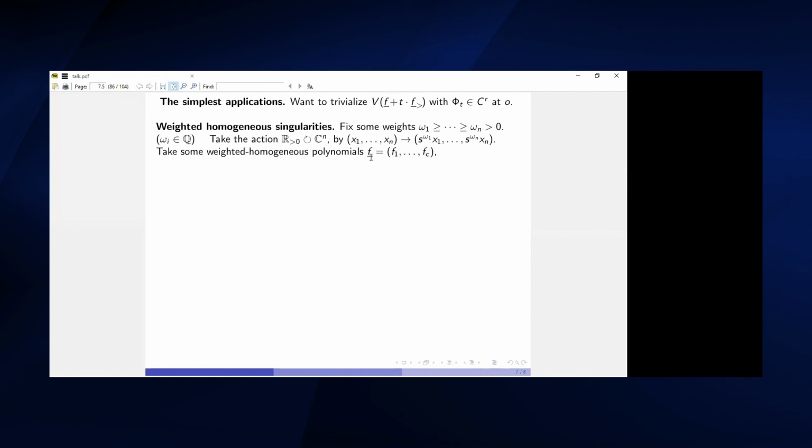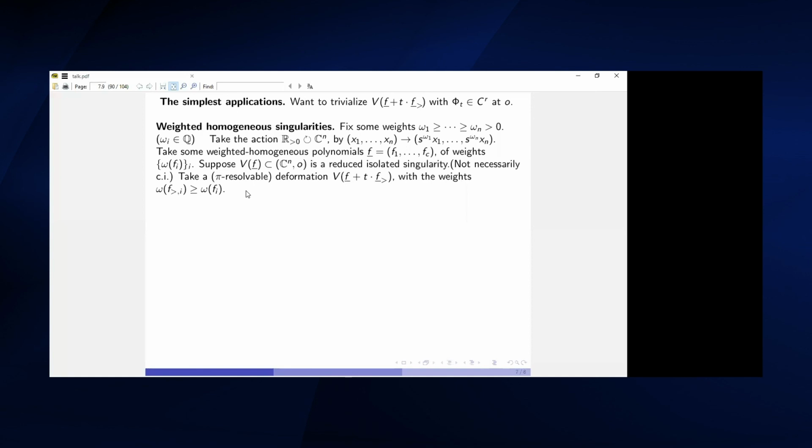So f, all the coordinates of f are weighted homogeneous, and here are their weights, some rational numbers. And suppose that this zero locus is a reduced isolated singularity, not necessarily a complete intersection.